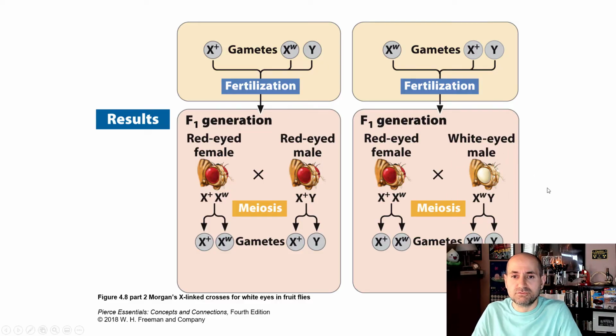Do you see how this would totally differ from Mendel's expected ratios for the P1 to F1 cross? In this case, you would have half your fruit flies with red eyes, half with white eyes, and 100% of the red-eyed ones are female, and 100% of the white-eyed ones are male.